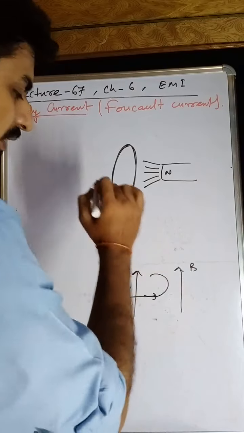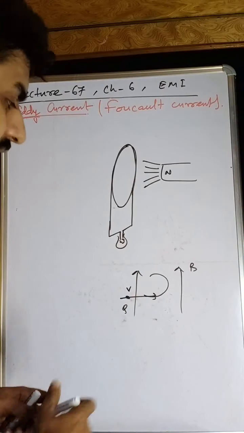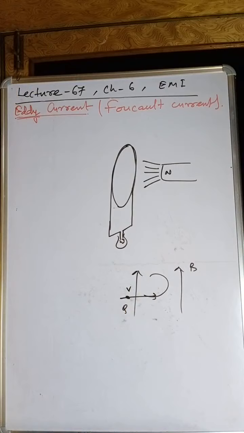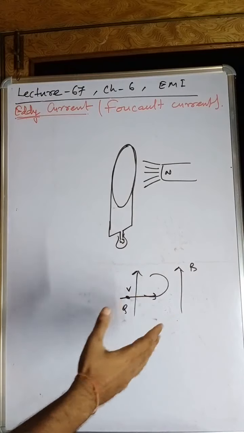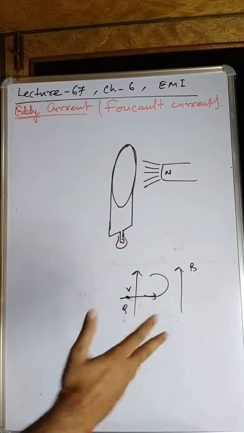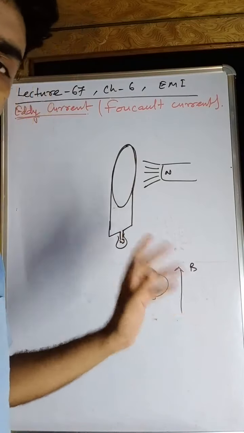It starts moving in the magnetic field in a circular loop. Here the circular loop is made by the charge because it experiences a force and starts moving. It is not compelled to move in a particular manner.